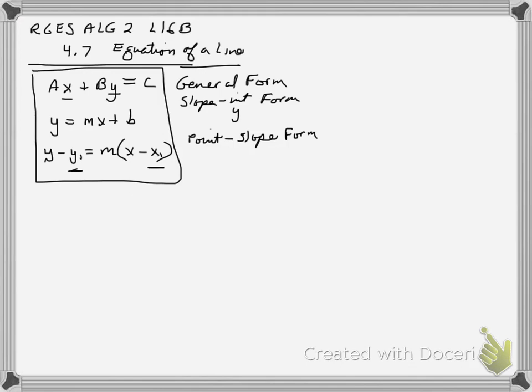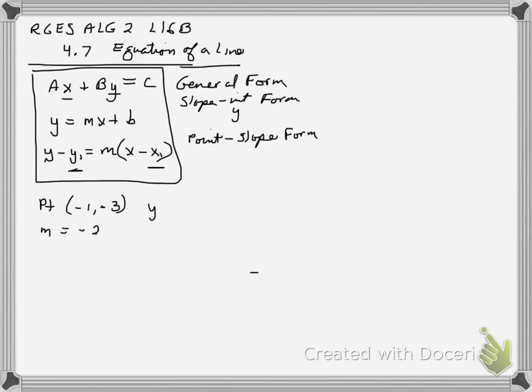Now let me show you how they'd be used. If it says, find the equation of the line that passes through the point -1, -3, and it has a slope of -2, I can use this last form.